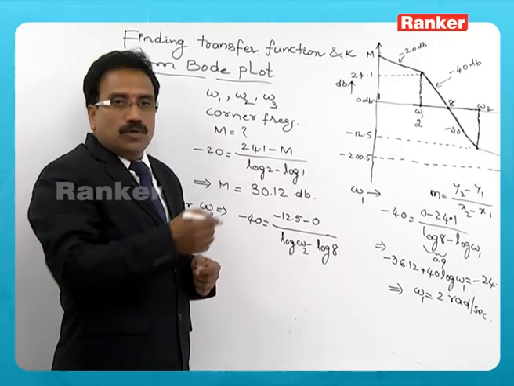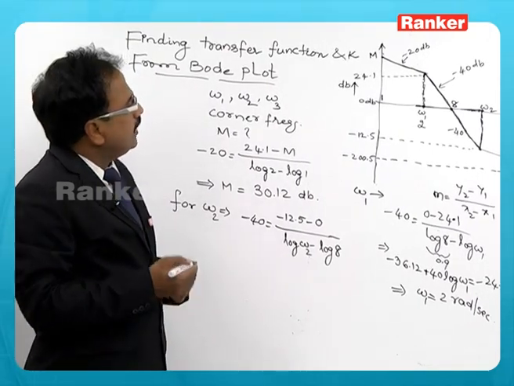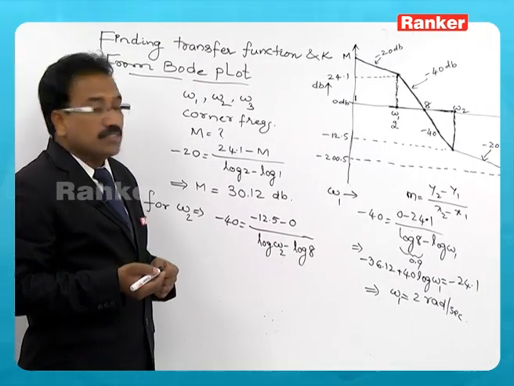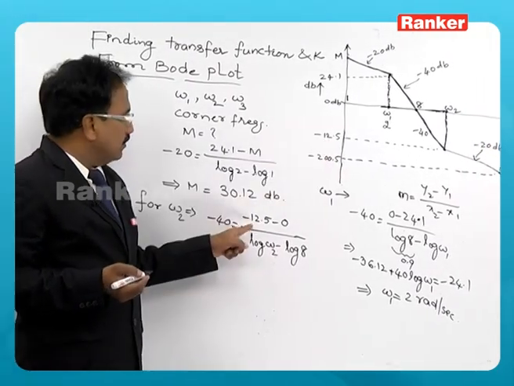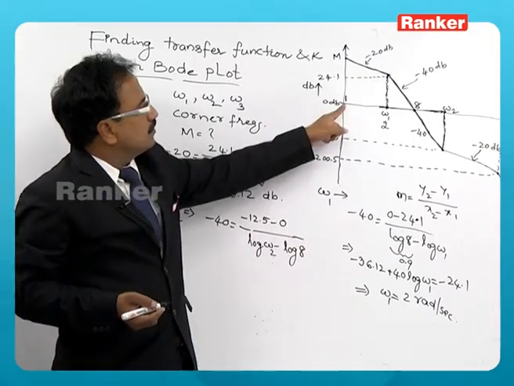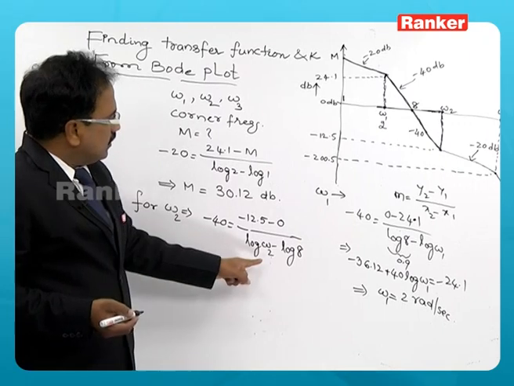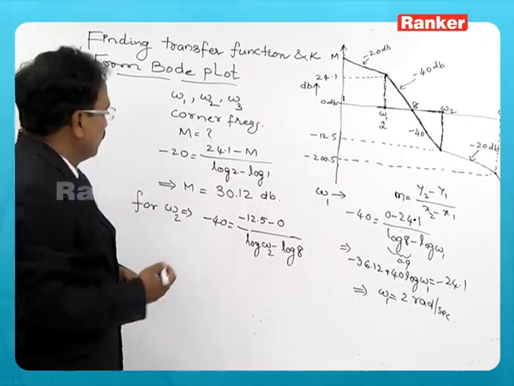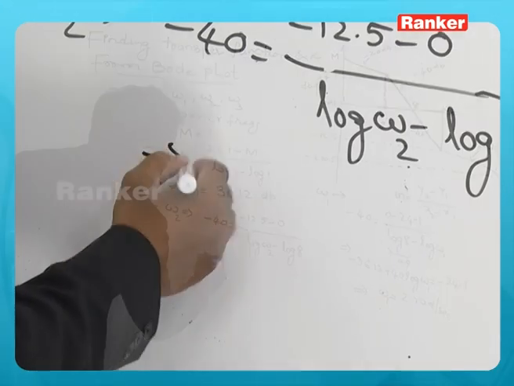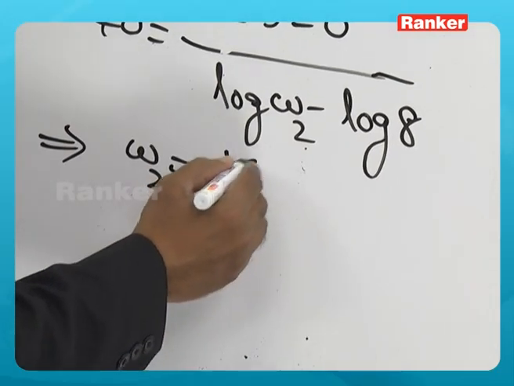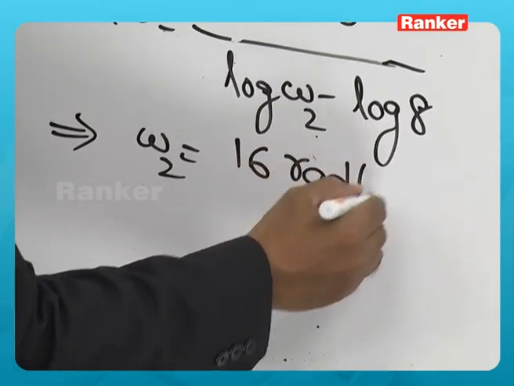Minus 40 is the slope maintained from 8 to omega 2, and the magnitude at omega 2 is given as minus 12.5. So y2 is minus 12.5 and y1 is 0, log omega 2 is unknown and log 8 is known. From this we determine omega 2, and this value is 16 radians per second.